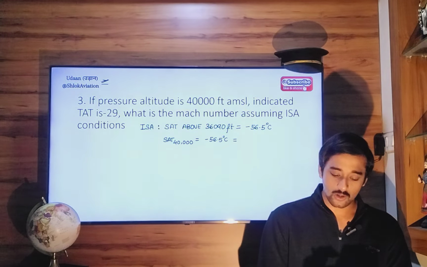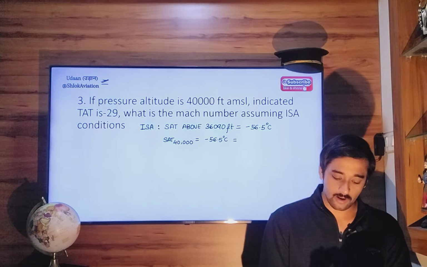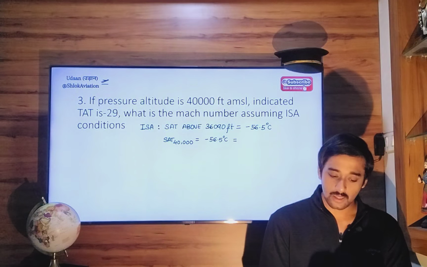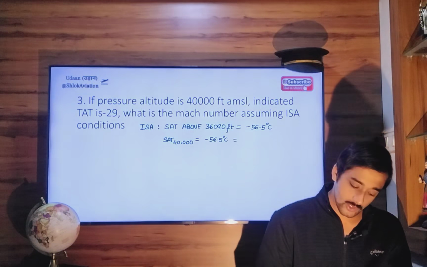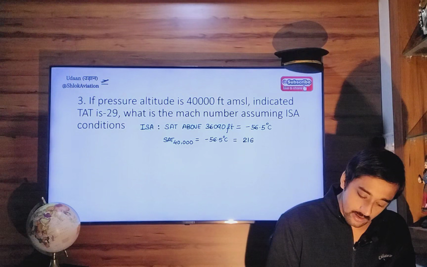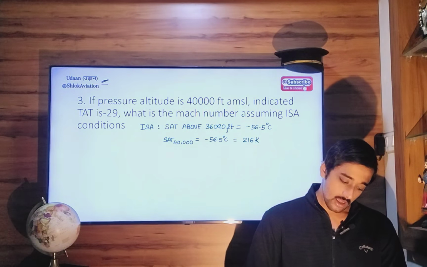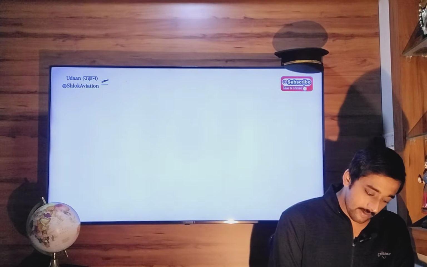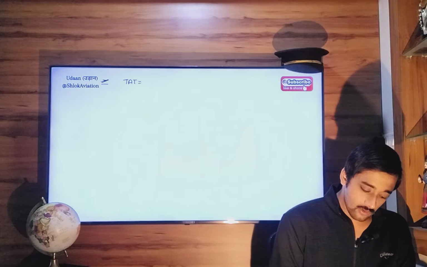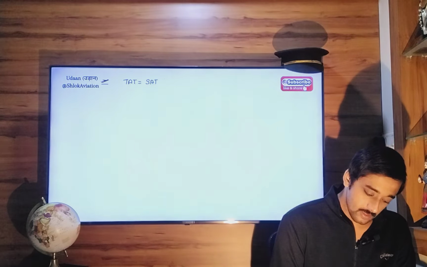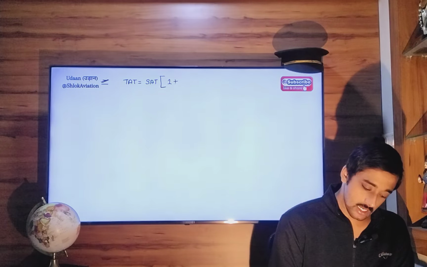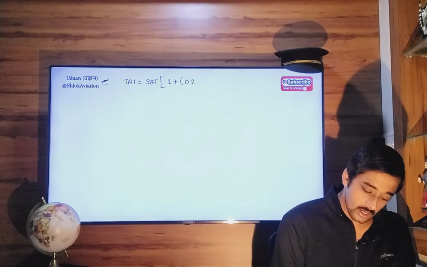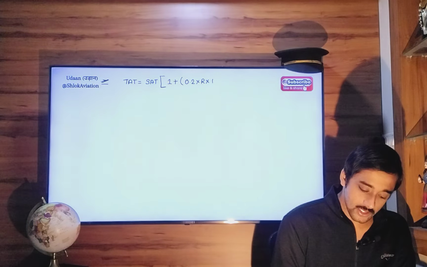Now that is equal to minus 56.5 plus 273, 216.5. So consider 216 Kelvin. Fine. So now let's use the formula. Total air temperature is equal to static air temperature times 1 plus 0.2 times recovery factor times Mach number square.